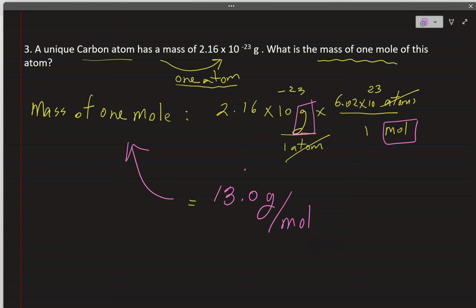Okay, that's what that is. Excellent. Now let's look at another one. So remember this question here is very important. You're starting with the mass of one atom, and then you want to know the molar mass. Again, the mass of 1 mole of that specific atom, and you got to use that Avogadro number and the unit conversion or the dimensional analysis in here.